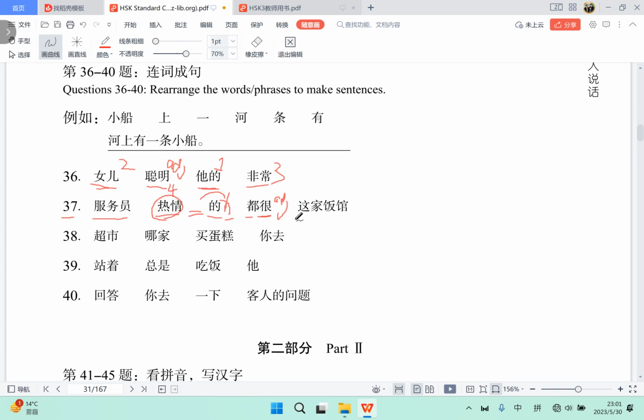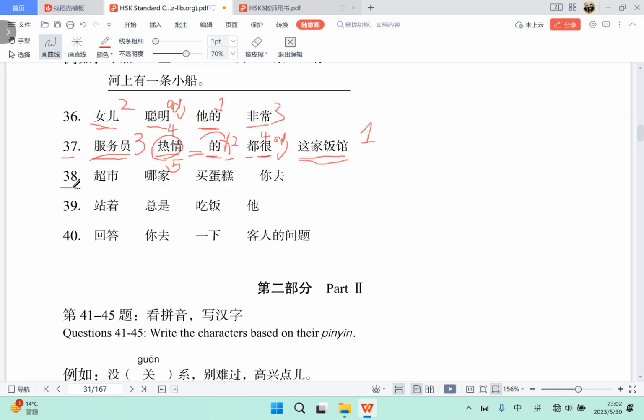So it could be 都很热情, both very warm or very kind. Then the rest of the words are 的 and 这家饭馆, this restaurant, waitress. So we could say the waiters of this restaurant, right? So the sentence order should be 这家饭馆的服务员都很热情. Yeah, that's it.